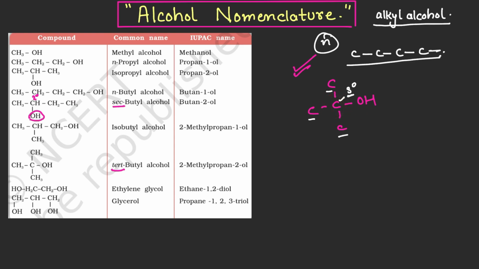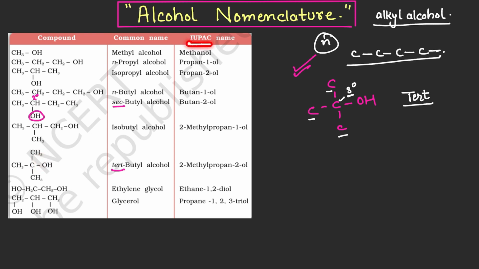So whenever we have any group attached to the 3-degree carbon, in the common name only we will write tert, signifying tertiary, in front of the name. So I am writing tert, that means tertiary, then 1, 2, 3, 4 butyl alcohol. So this is your tertiary butyl alcohol. I am writing tertiary because of this 3-degree carbon.